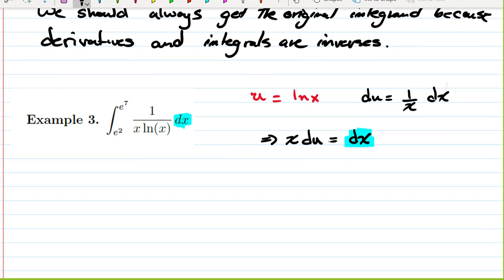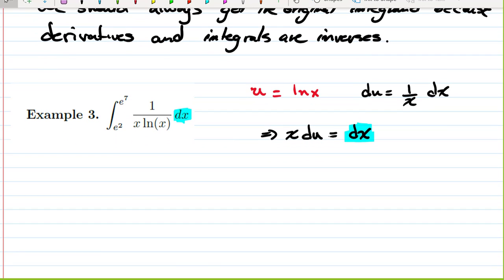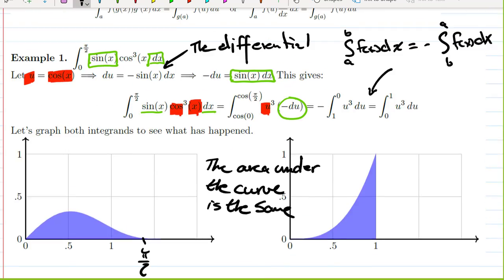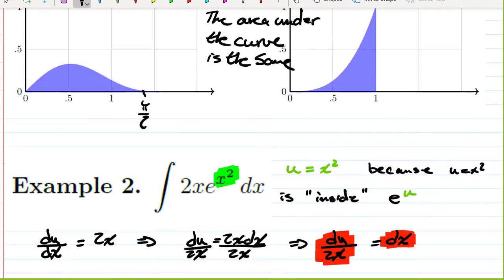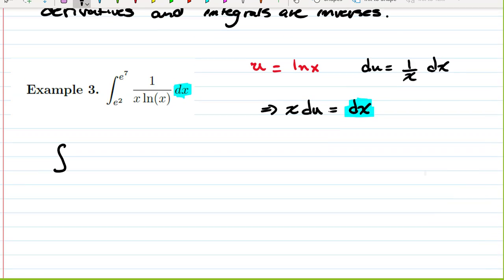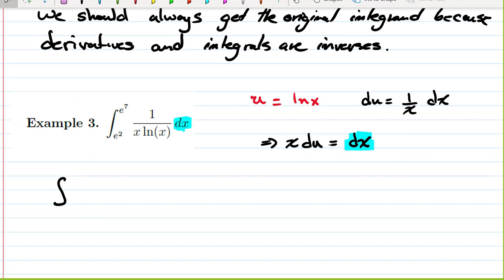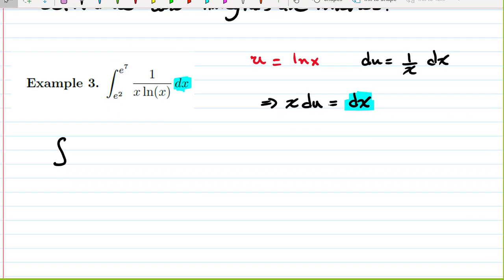So now it's time for us to substitute everything into our integral. So we have the integral, but when we have a definite integral, remember we have our old limits of integration, which are x's. We need to change them to be in terms of u's. So we're going to plug each of these into our u-substitution.